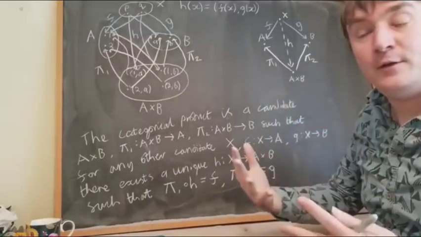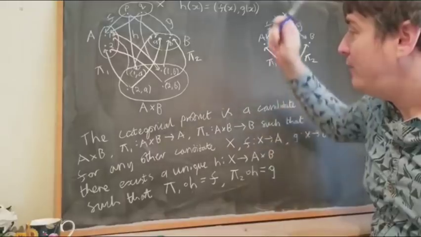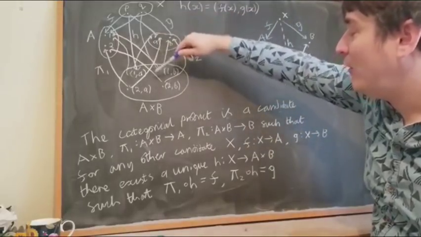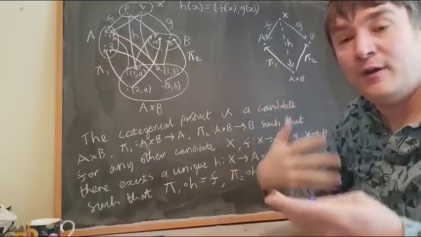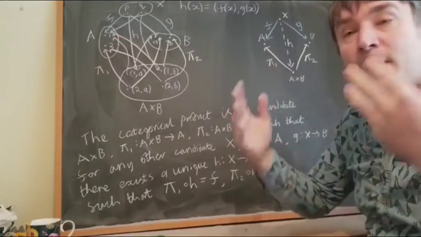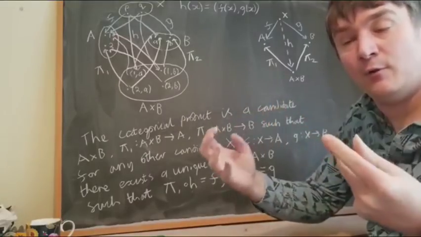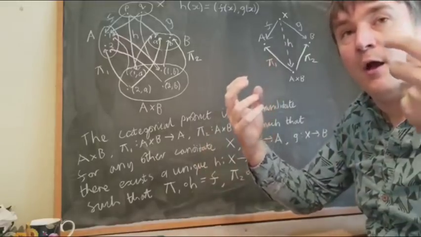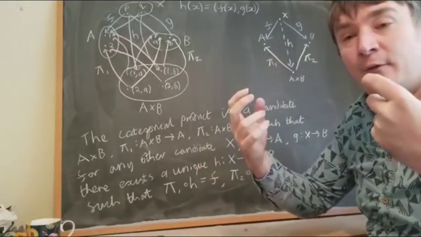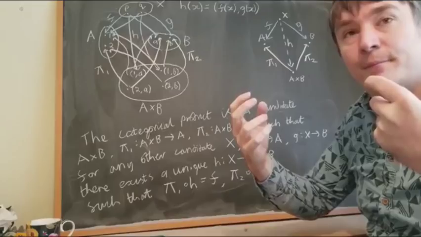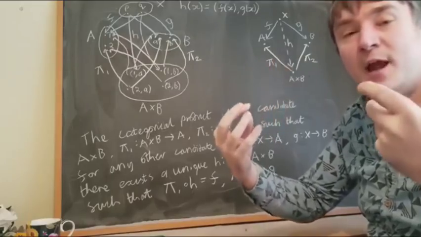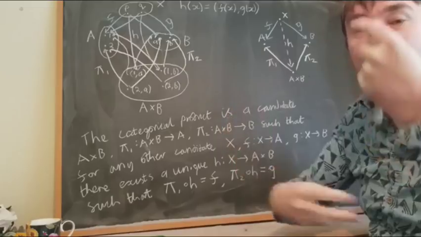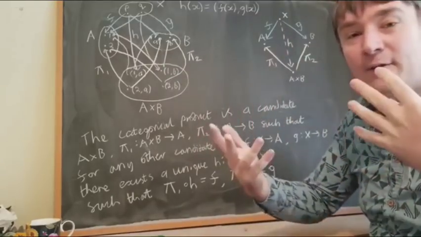So hopefully you can see now that this is a categorical product. Hopefully you can see that the Cartesian product of two sets is the categorical product of the two objects representing those sets in this category Set.